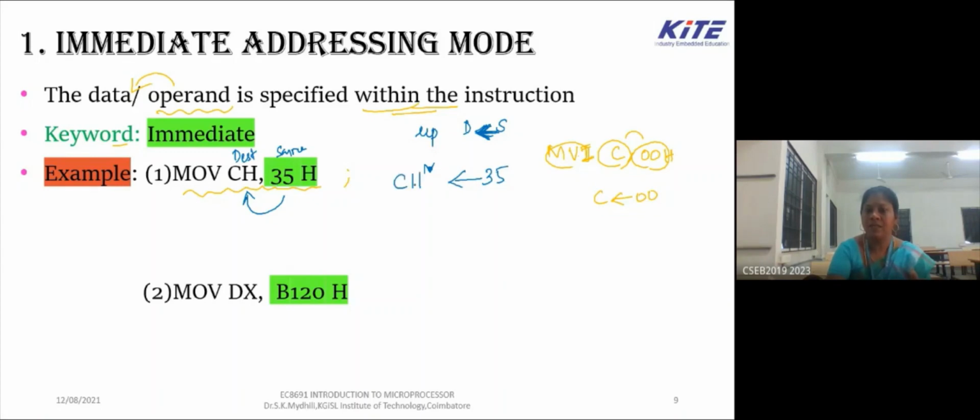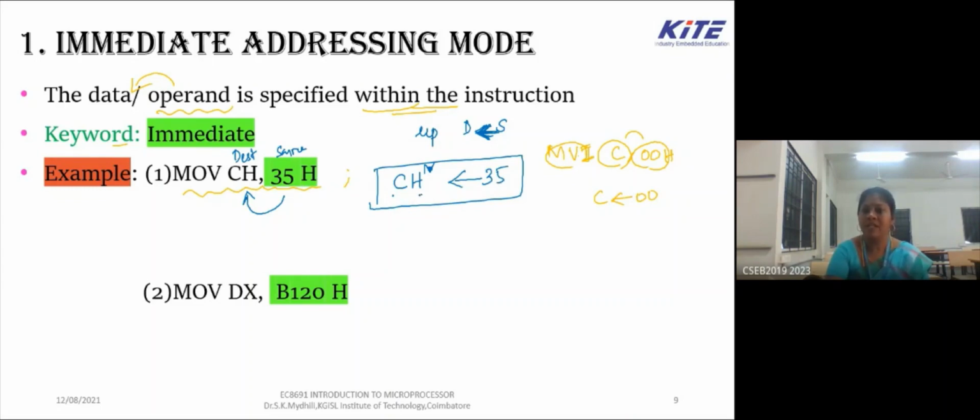What is the register specified? It is CH. If I want to move a particular data into a register, we can go for this type of instruction. So the content is immediately transferred into CH. So here this is 8-bit data, right?